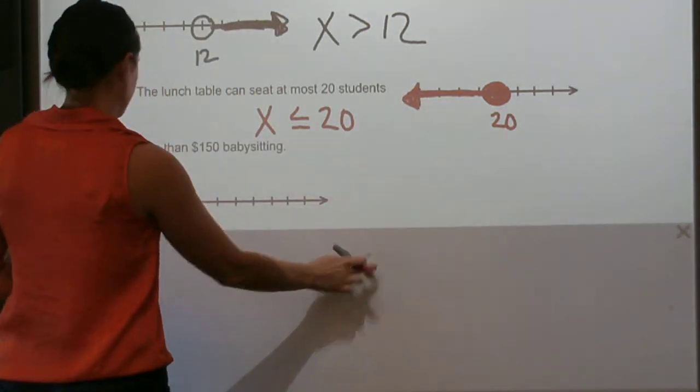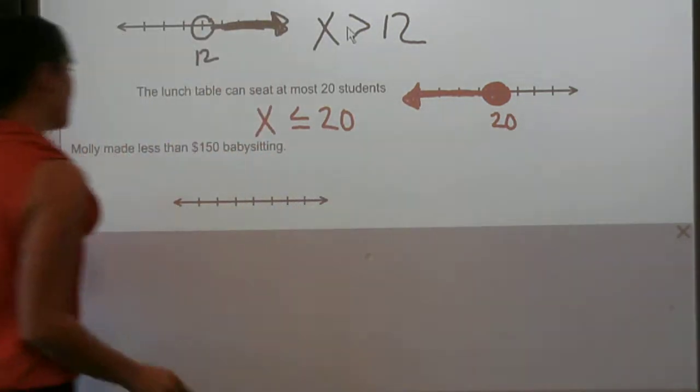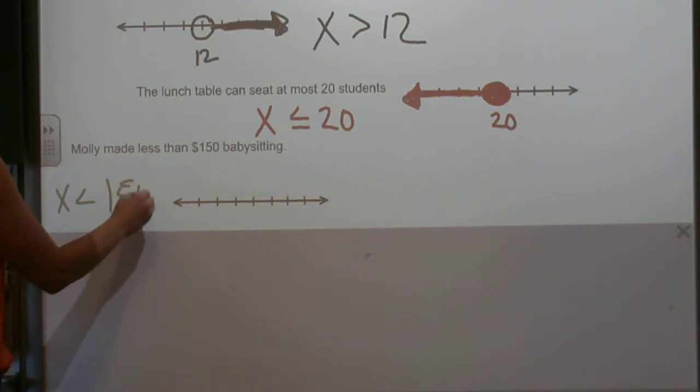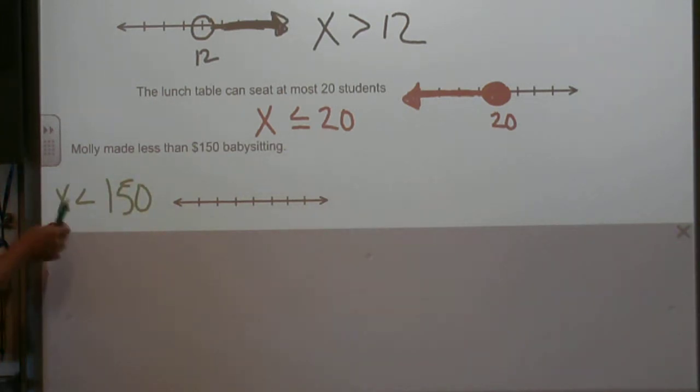All right, our next one was that Molly made less than $150 babysitting. We said that was represented X less than 150. So everything we need to know about the type of circle and which direction we shade comes from our inequality symbol.